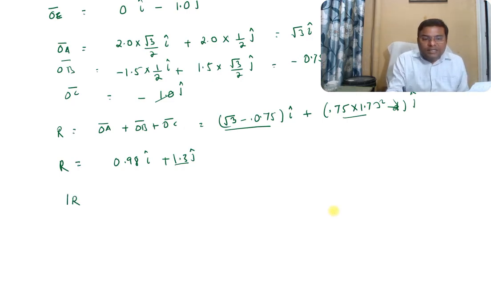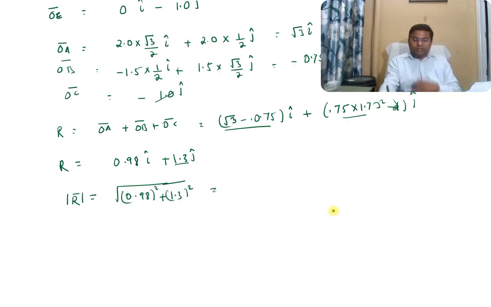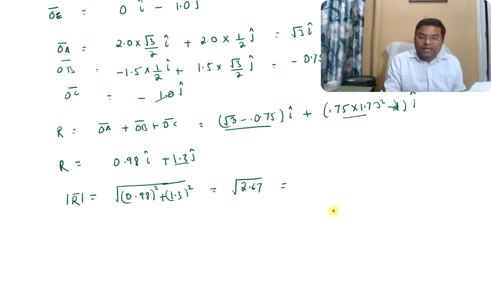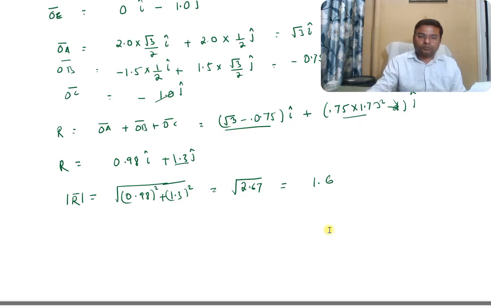Now the magnitude of the resultant R is the square root of 0.98 raised to the power 2 plus 1.3 raised to the power 2. Once we calculate this, under the root we get 2.67, and the square root of 2.67 is 1.6 up to 2 significant digits.